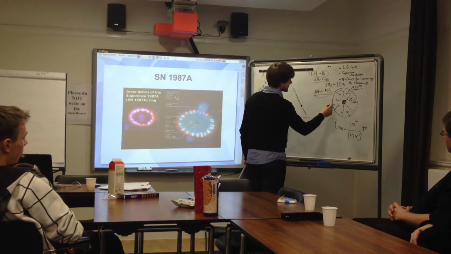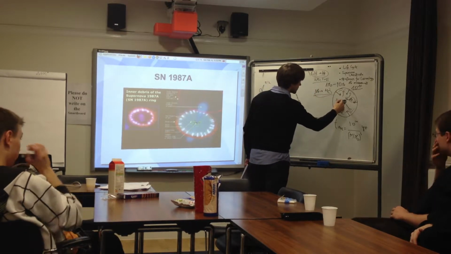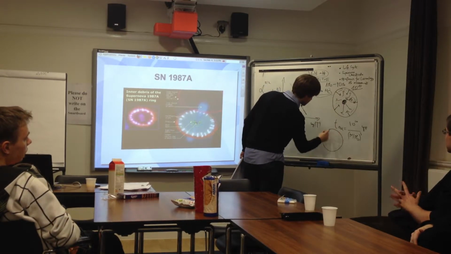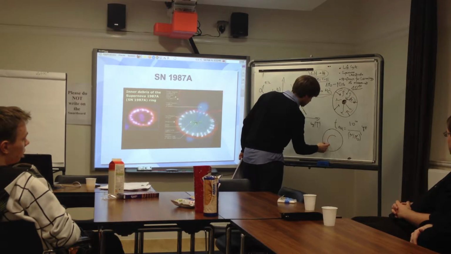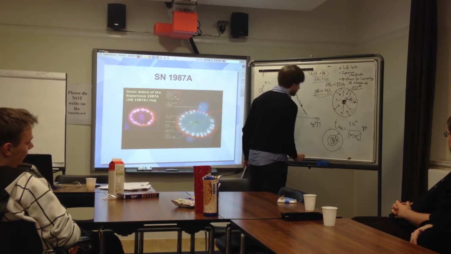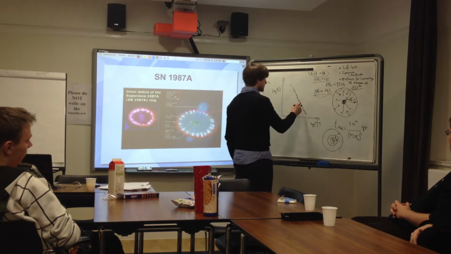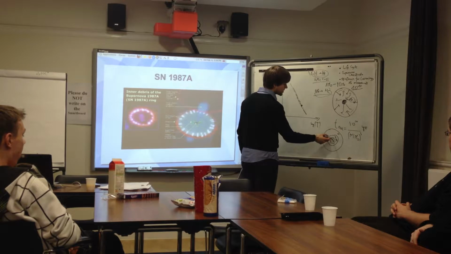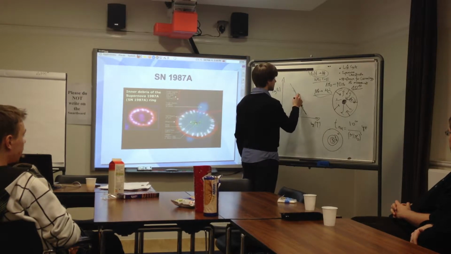And this is the next element that you're producing in the core. And now the star looks a bit like an onion with a hydrogen envelope, hydrogen into helium, and then the hot helium into carbon core. And this ignition of helium into carbon is called the helium flash.